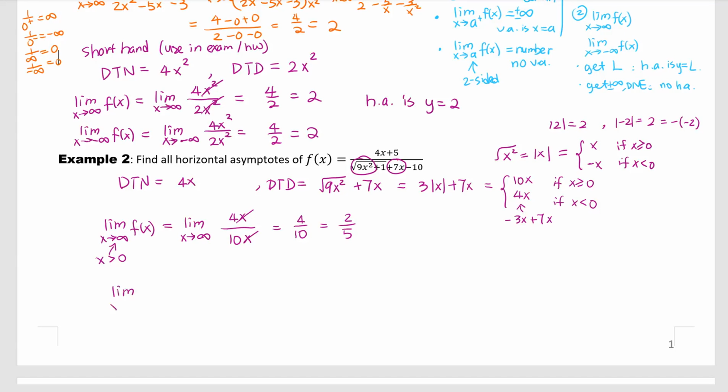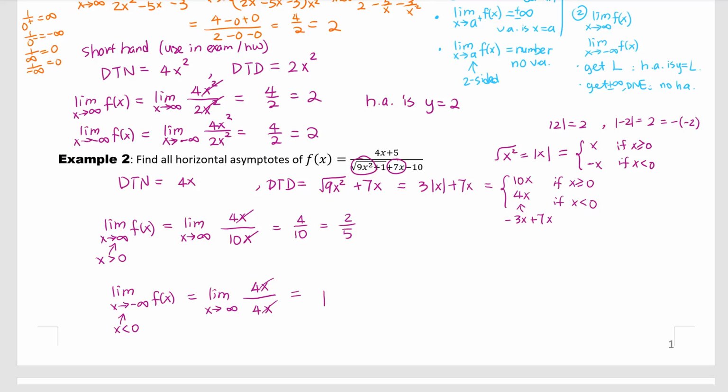And how about on the other side? Well, in this case, x is negative. So when x is negative, the dominant term of numerator stays the same, but the dominant term of the denominator becomes 4x. Okay? And you can see x cancels, so 4 over 4 is 1. Yeah, you gotta cancel the x because infinity over infinity, we don't know what that is.